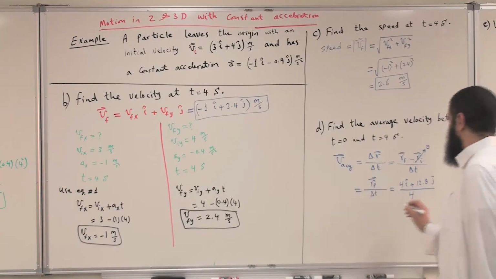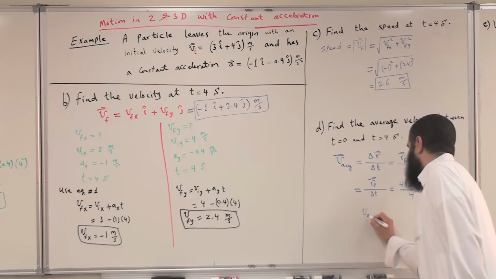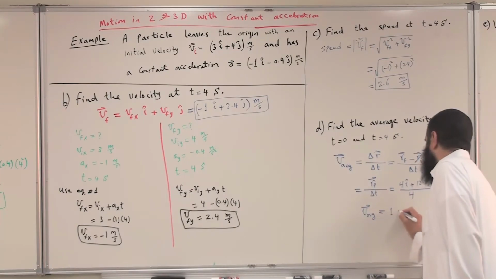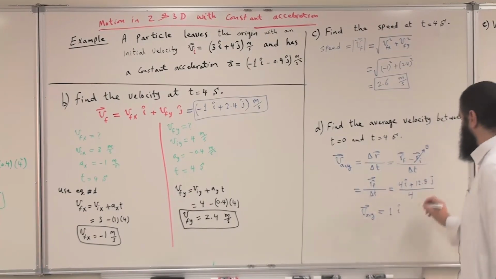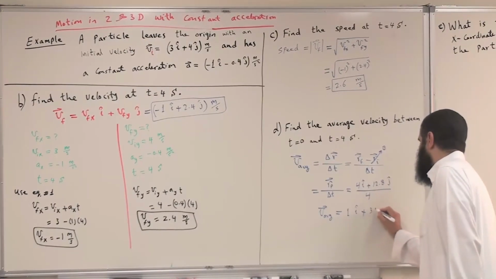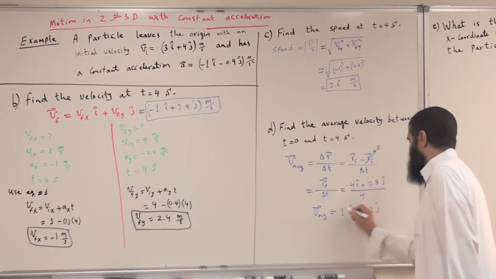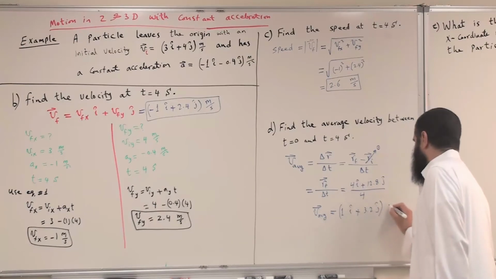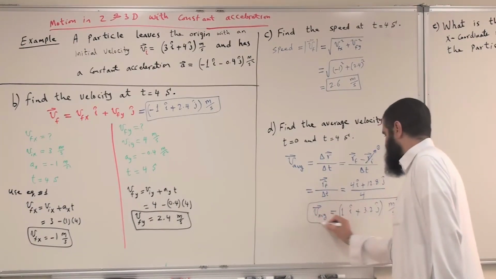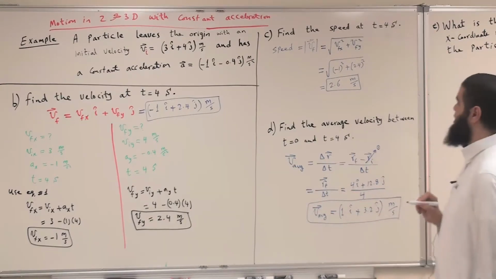If we divide, we'll get V average. The average velocity will be 1 in the I direction plus 3.2 in the J direction. This is the average velocity, and the units are meter per second.